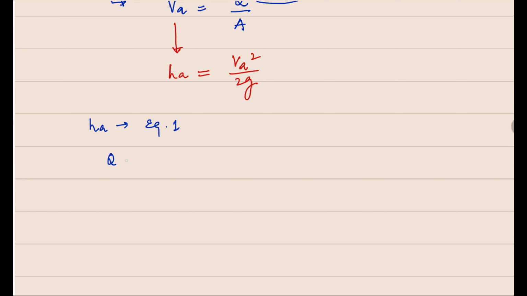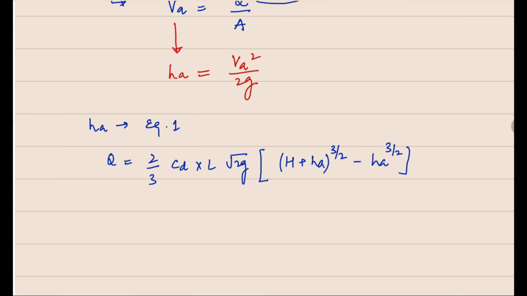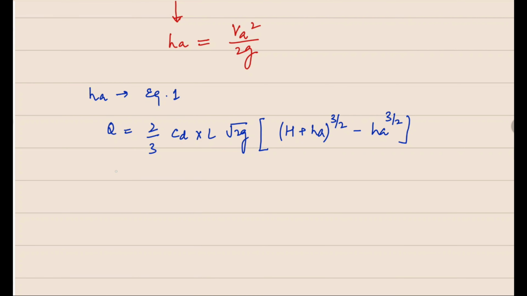So we will find the discharge using this formula, CD multiplied by L under root 2G in bracket H plus HA raised to the power 3 by 2 minus HA raised to the power 3 by 2. Using this, we will again get the Q value.